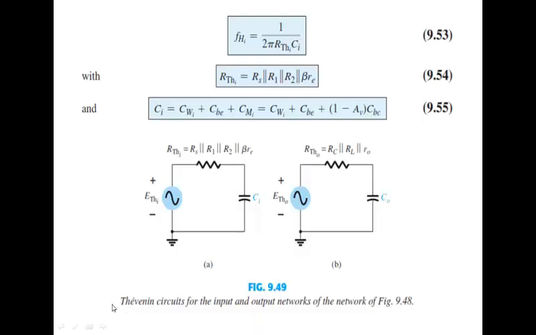This capacitance is the reflected effect of this capacitance, and its value CMI is 1 minus AV into CBC, which is the collector capacitance between base and collector terminals.